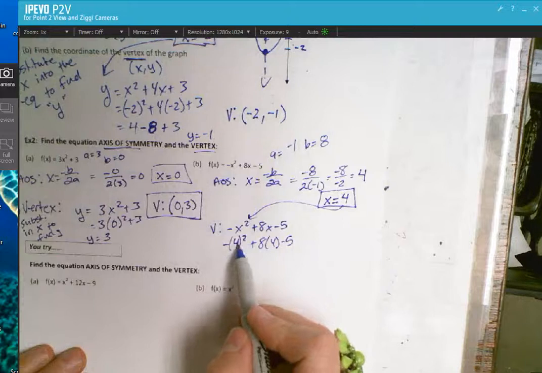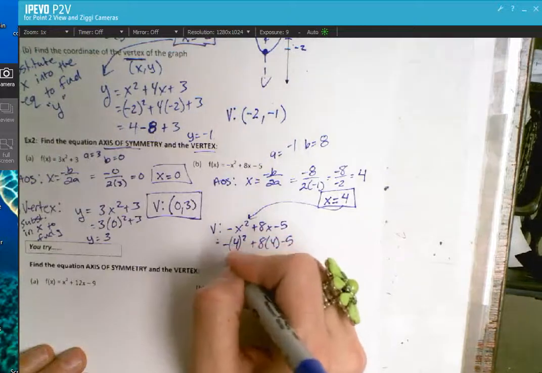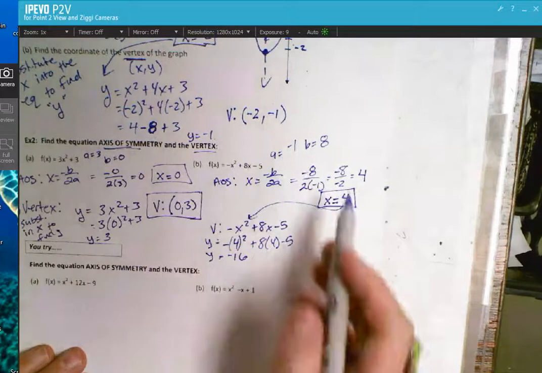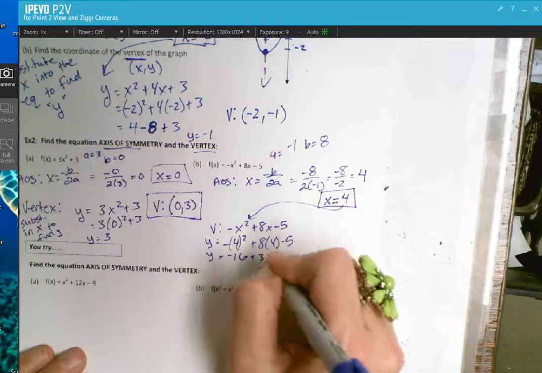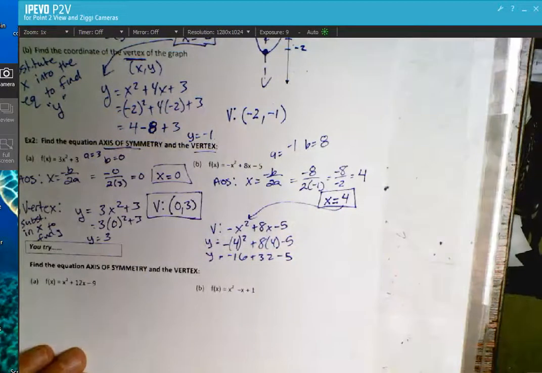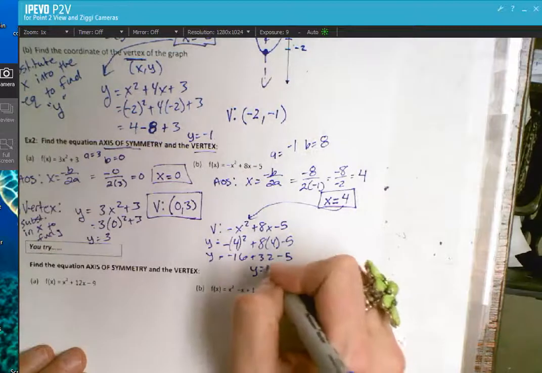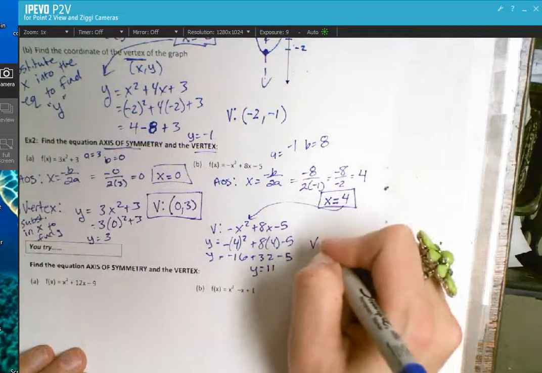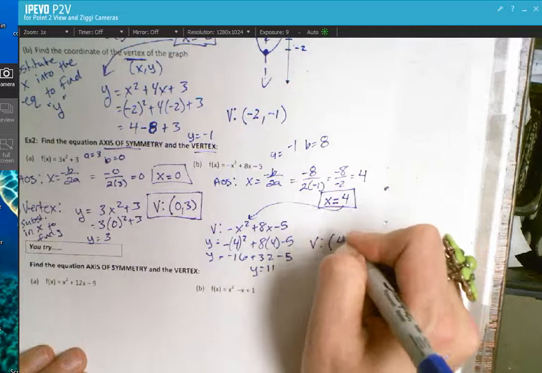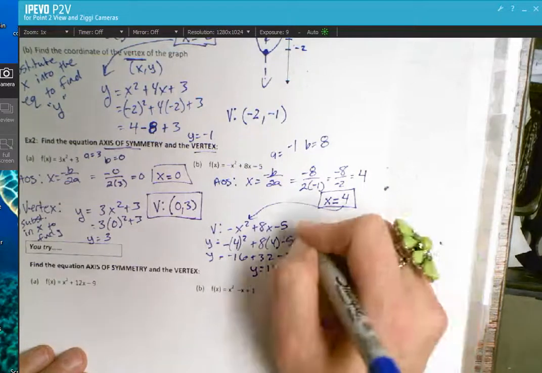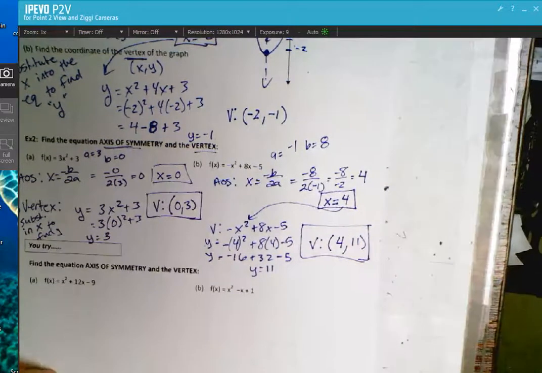So 4 squared is 16, and that's going to equal negative 16. 8 times 4 is a positive 32, minus 5. So I know that y, when I simplify, is equal to 11. I'm not done until I give a vertex point of x, y, which is 4, 11.